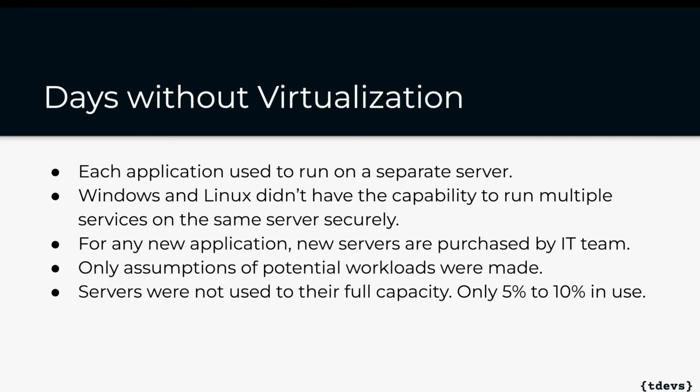So they buy a server with 8 gigs of RAM and a lot of hard drive, might be SSD or a hard disk, and then they deploy that application onto the server and let it run. But since they have analyzed the scenario when the traffic is spiked, and right now the traffic is not spiking, only 5 to 10% of the server is in use, and a lot of resources are going to waste.